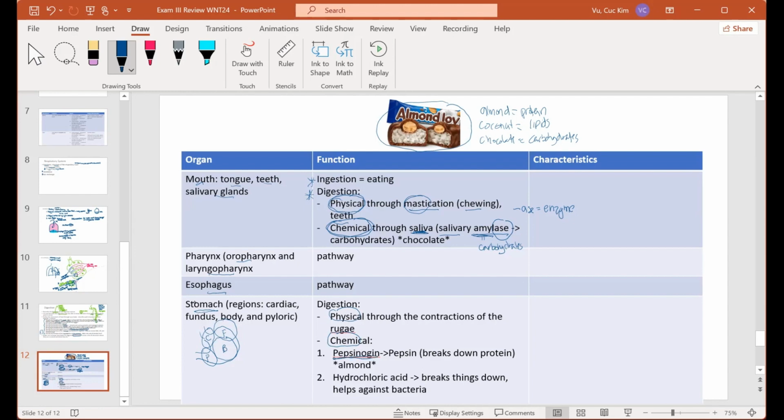You will want to know what produces pepsinogen. So the stomach has several cells. What are the cells that you find in the stomach? Like the chief cell, like the parietal cells, and so on. You will want to know what cell produces what. But if we're looking at just chemical, you've got the pepsinogen.